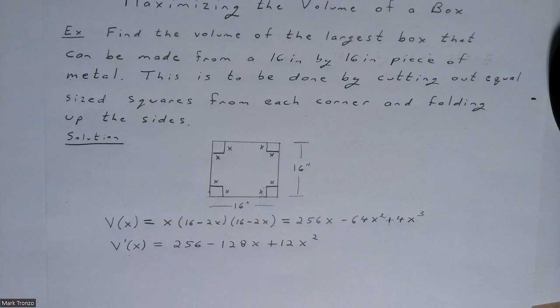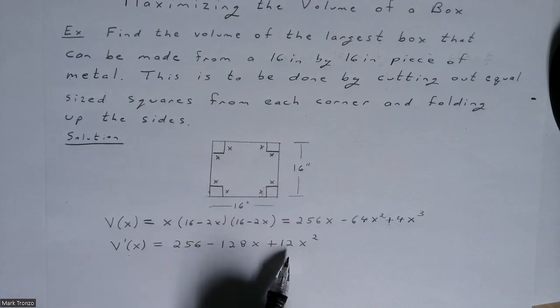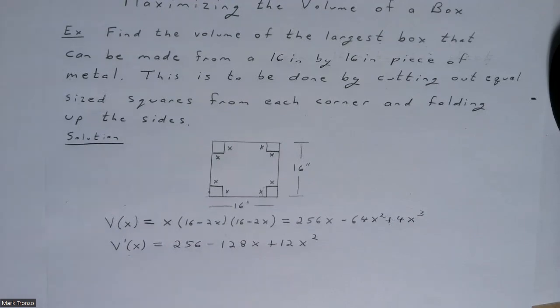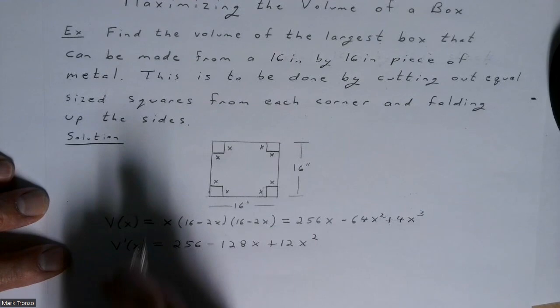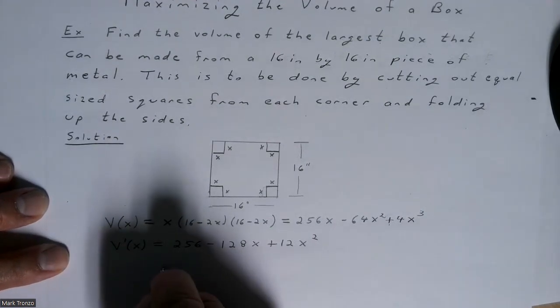Now, it looks like we could probably factor something out of here. Let's see, certainly a 2 will factor out, and actually a 4 will factor out. So let's take a look at that.